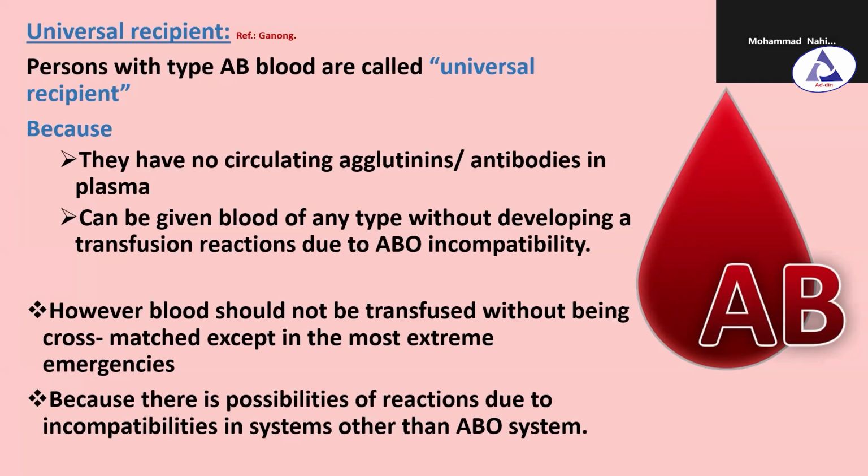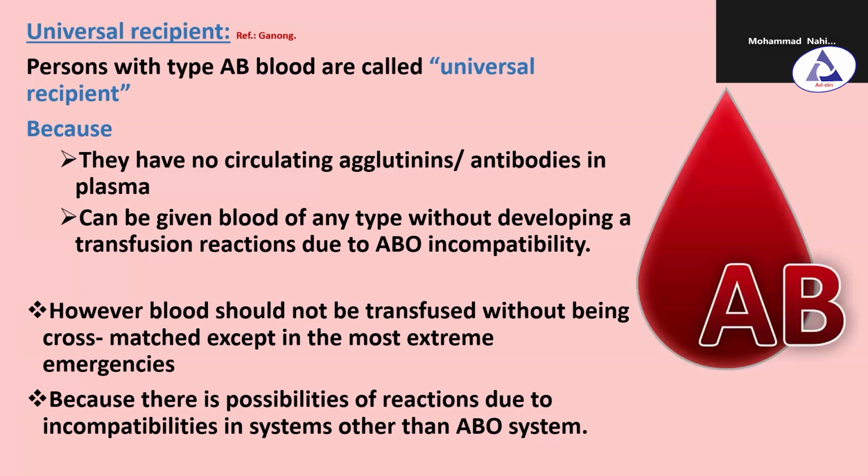As we have both A antigen and B antigen present in the AB positive blood group individual, they will have no alpha or beta antibodies. So it can be given blood of any type without developing a transfusion reaction due to ABO incompatibility.